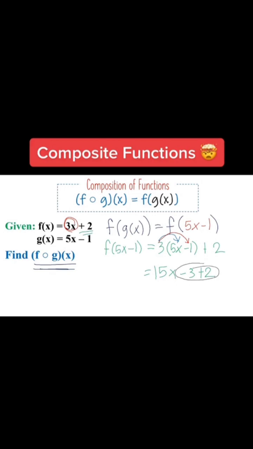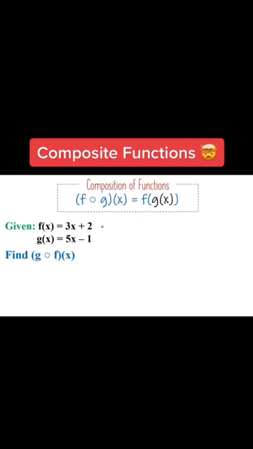Then combine like terms, so parehas constant pagsasamahin natin. Copy lang yung 15x. Then combine this 2, negative 3 plus 2, different sign, so kailangan nyo mag-subtract. And copy the sign from negative 3, so magiging negative 1. So ito na yung answer. It means f composed of g of x is equal to 15x minus 1.